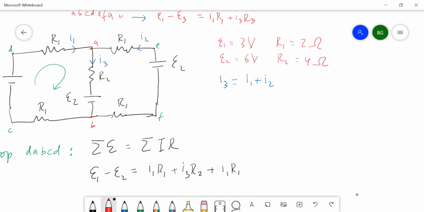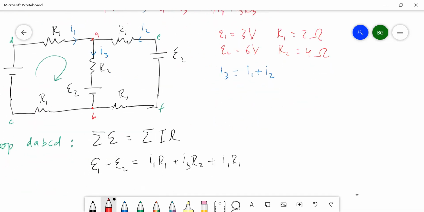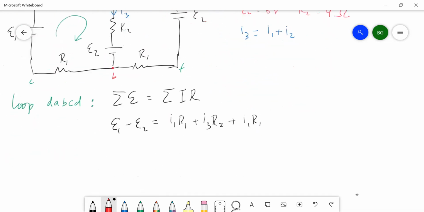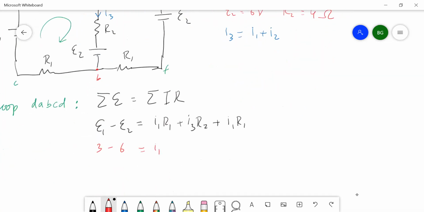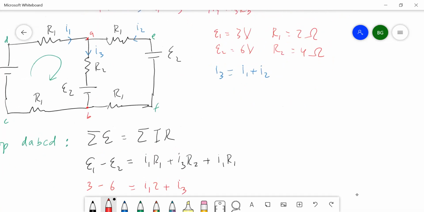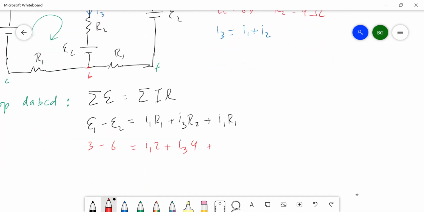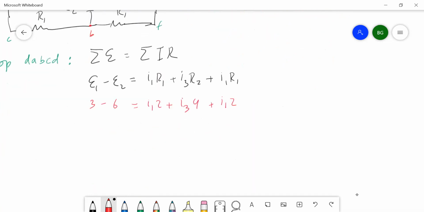If we calculate, this should be 3 minus 6 equals I1 times R1, which is 2, plus I3 times 4, plus I1 times 2. So this should be 4I1 plus 4I3 equals minus 3.